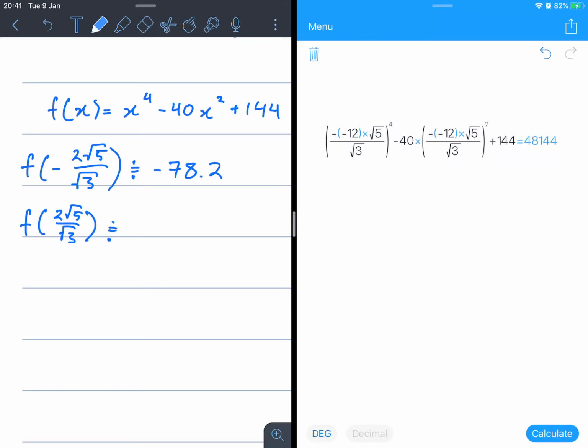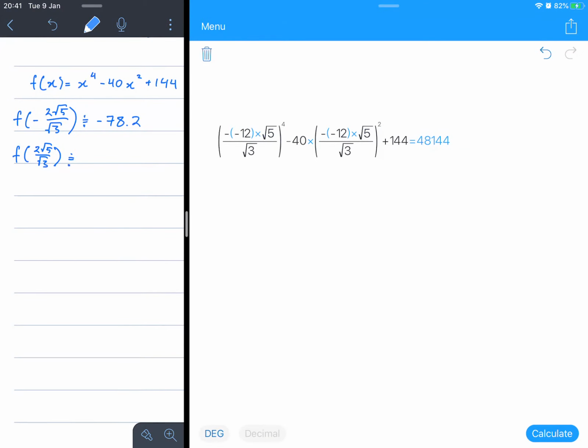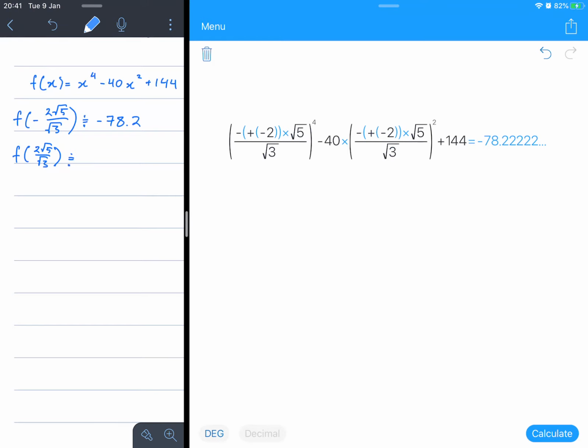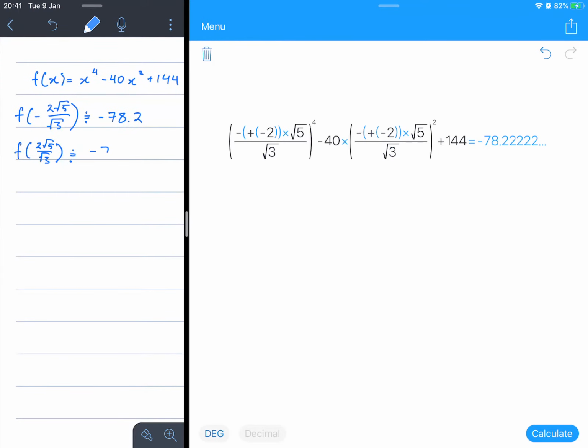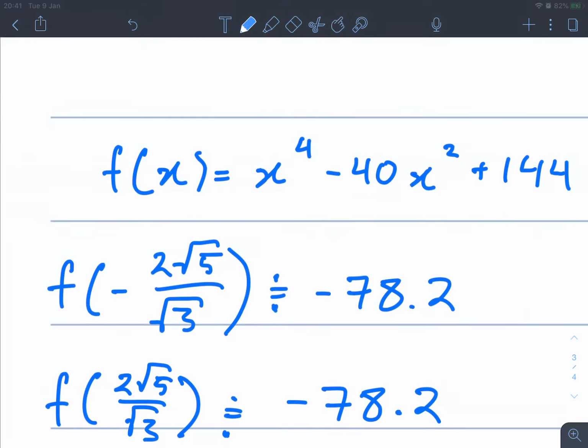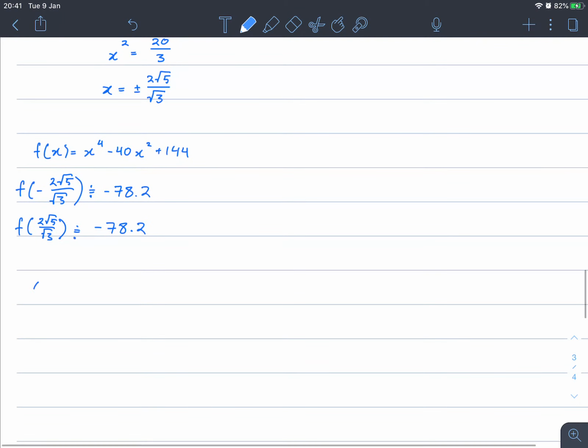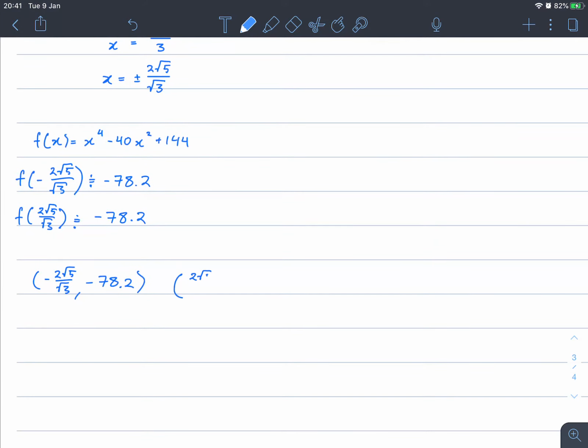Yep, there we are. So negative, same thing, negative 78.2. So our 2 points of inflection are at negative 2 root 5 on root 3, negative 78.2, and positive 2 root 5 on root 3, and negative 78.2.